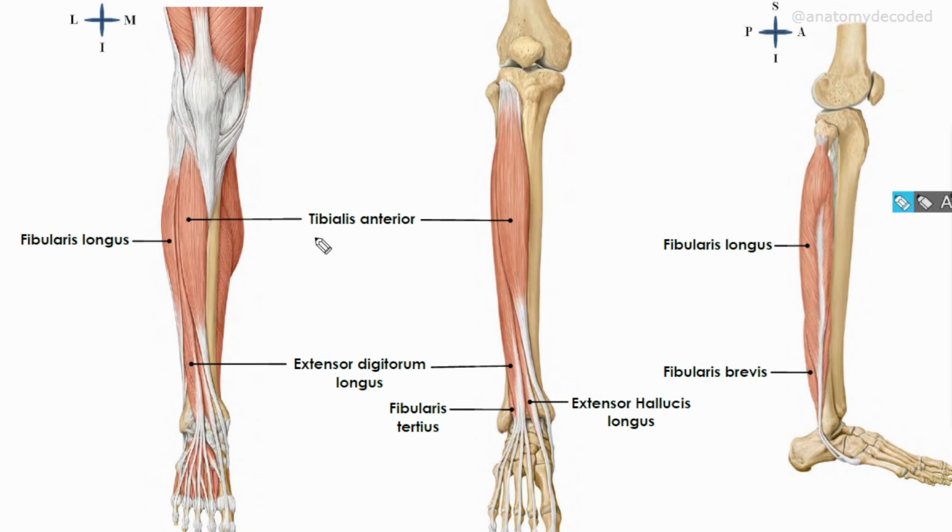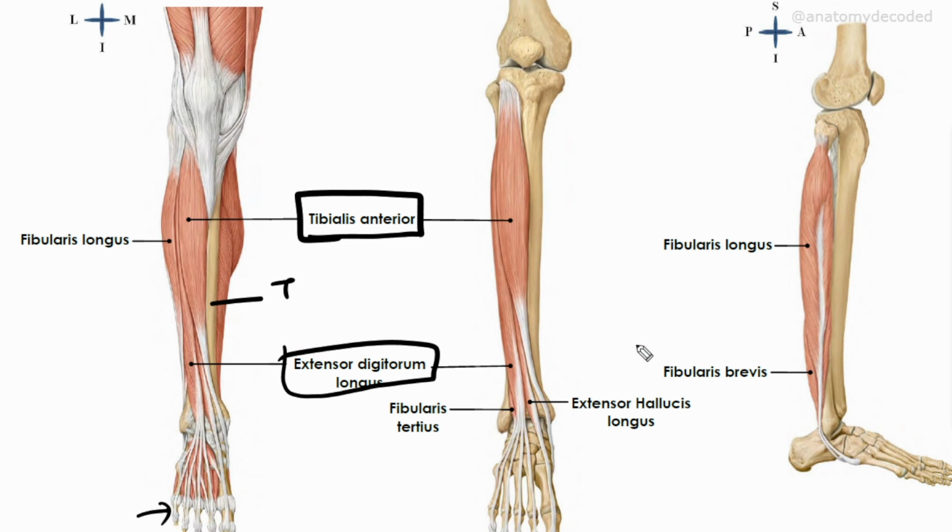The first muscle that we'll be learning is the tibialis anterior muscle. This is the tibia bone, and this muscle is present on the lateral surface of the tibia, the tibialis anterior. Then there is a muscle to the toes, referred to as extensor digitorum longus.